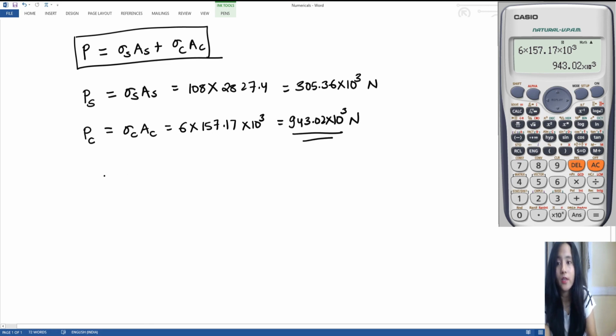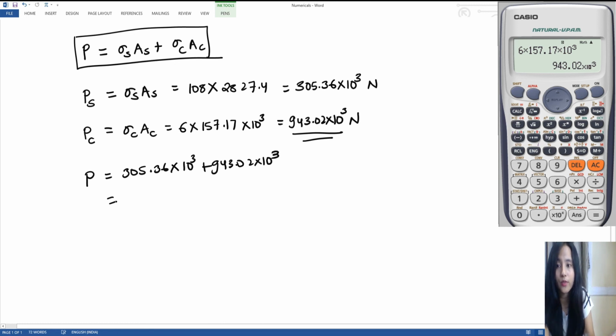So I have this. Now the total load P will be equal to 305.36 into 10 raised to power 3 plus 943.02 into 10 raised to power 3.